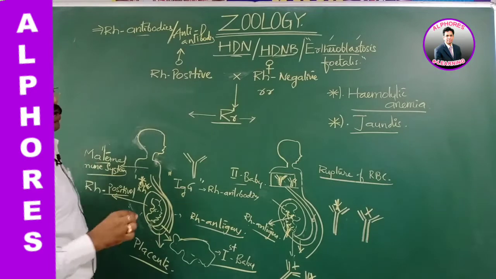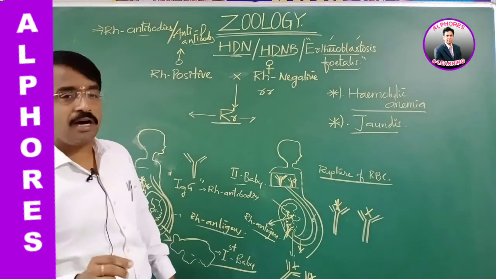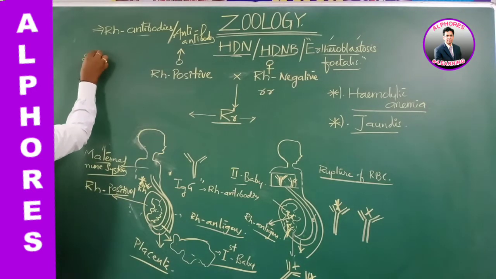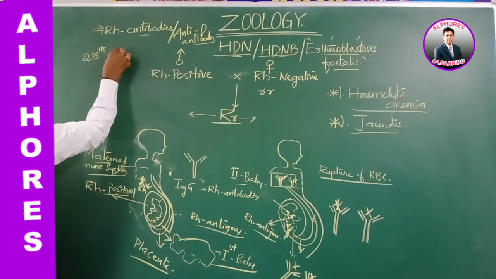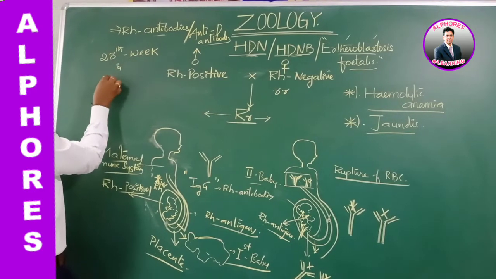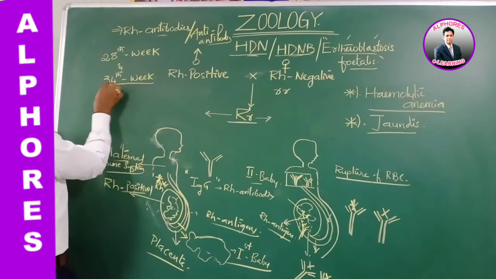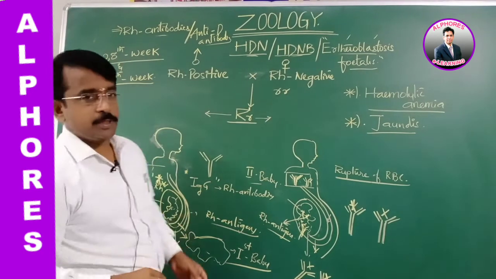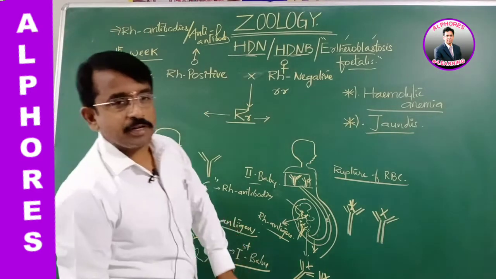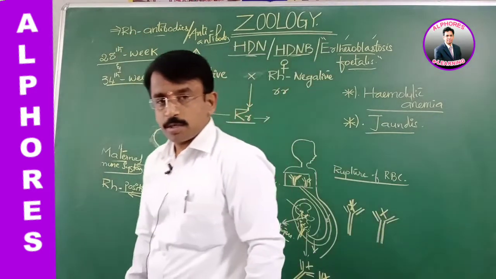Rh antibodies, or anti-D antibodies, must be given to the mother at the 28th week and 34th week of pregnancy. I repeat, at the 28th week or 34th week of the pregnancy, the mother must be given Rh antibodies.